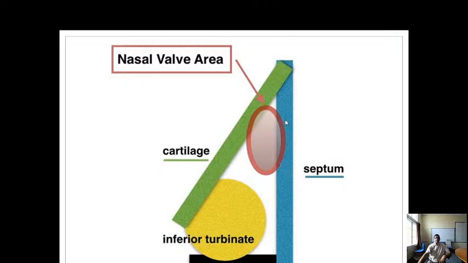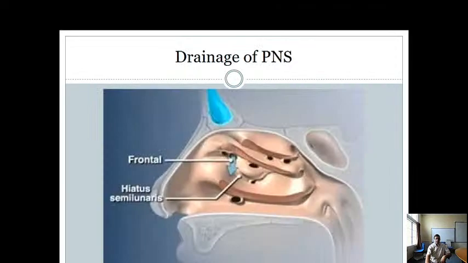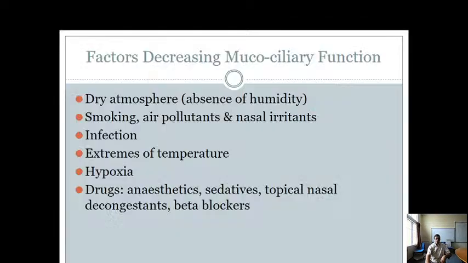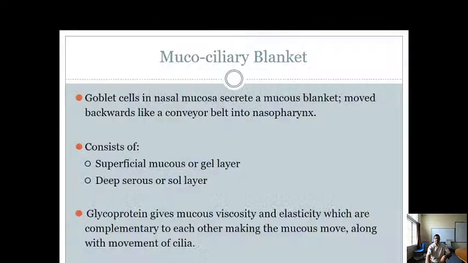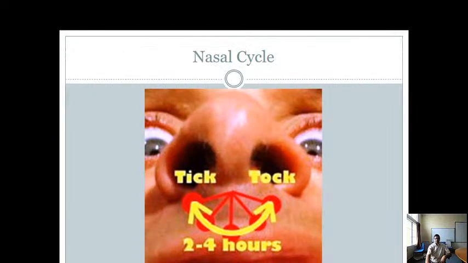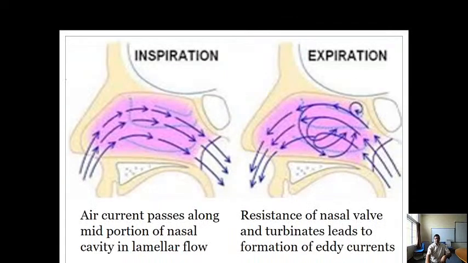This is the narrowest part of the nasal cavity, and so as the air is being exhaled, in the expiration part, because of this obstruction, some of the air goes backwards and produces kind of eddy currents.